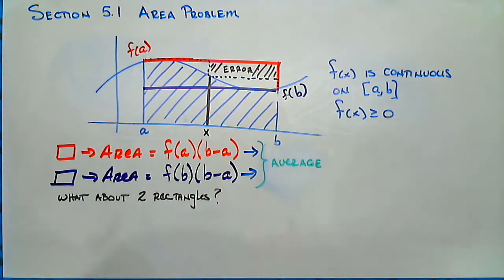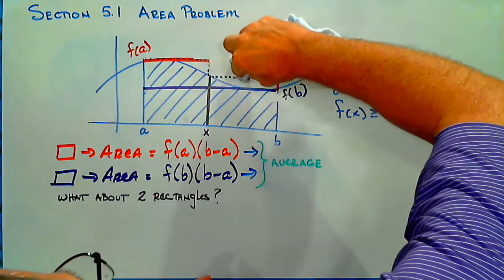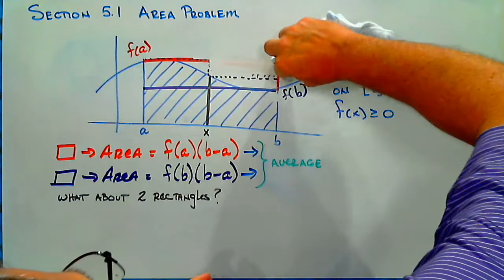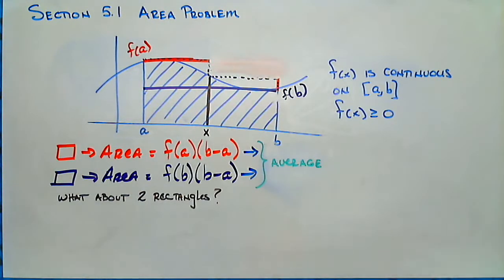With our two rectangle approach, we have literally eliminated that part of our error.